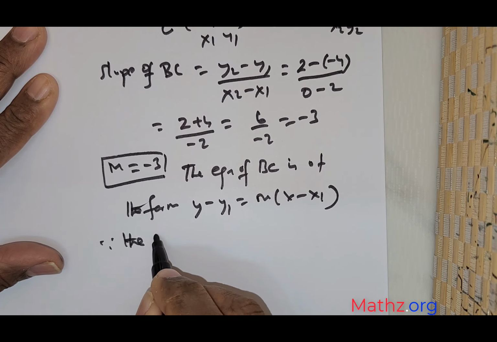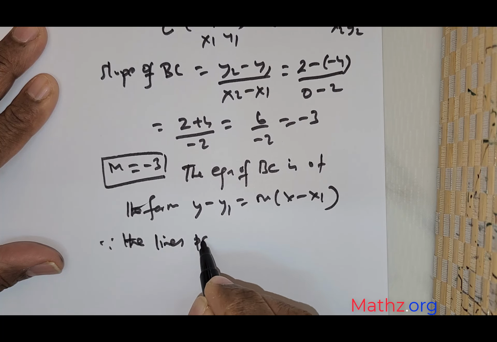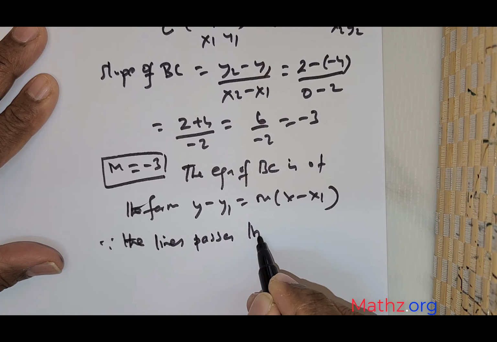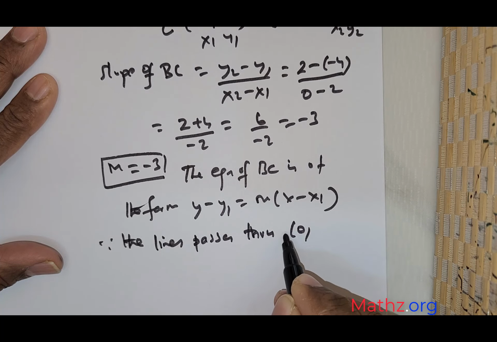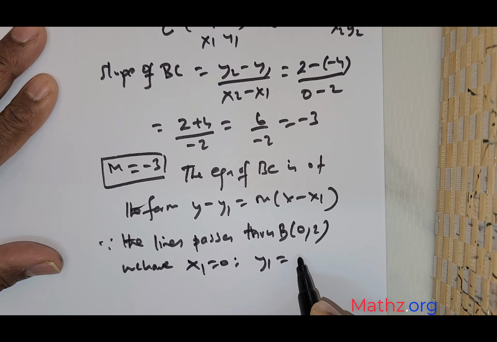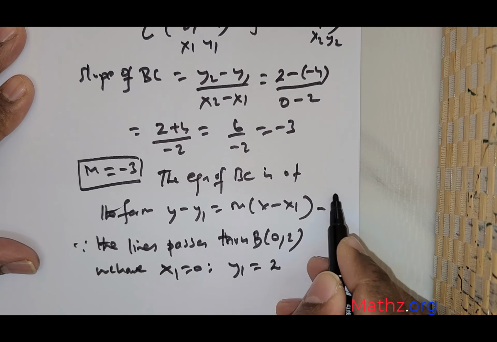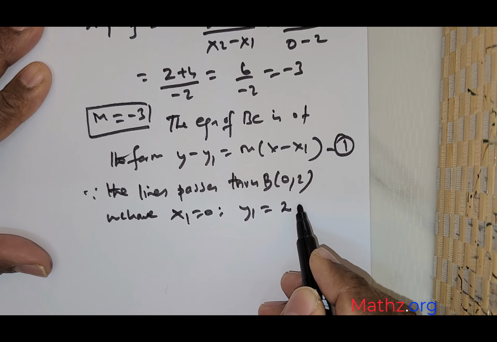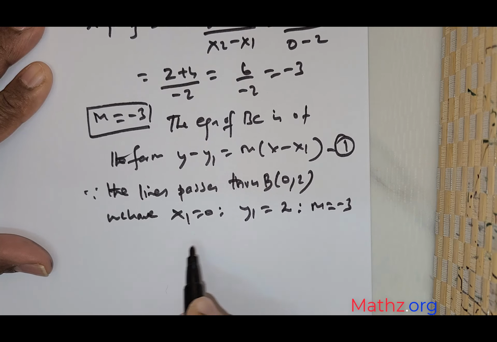Since the line passes through B of (0, 2), we have x1 = 0, y1 = 2. I take this as 1, slope is -3.